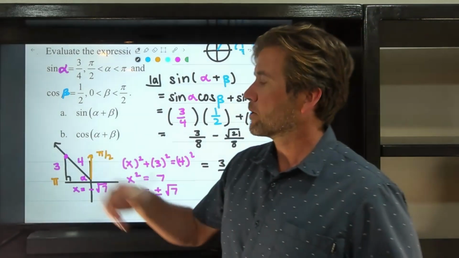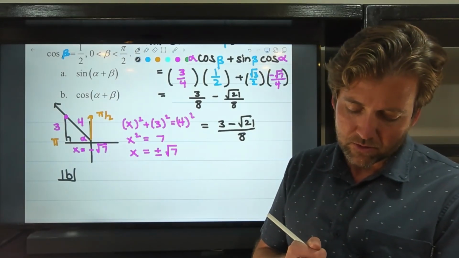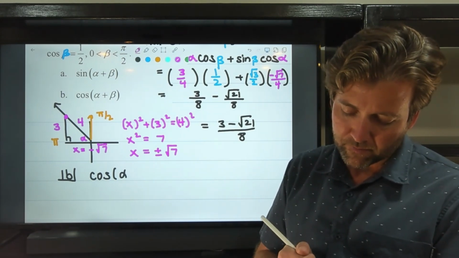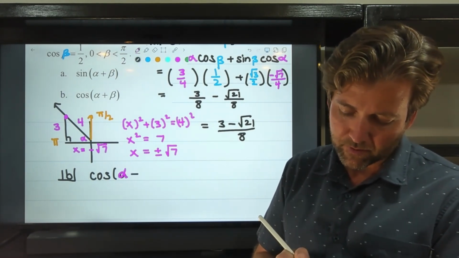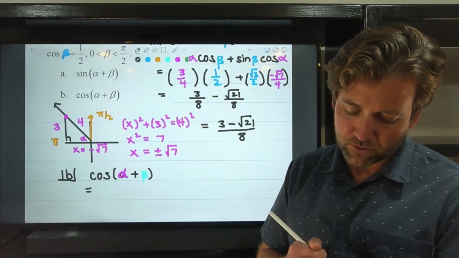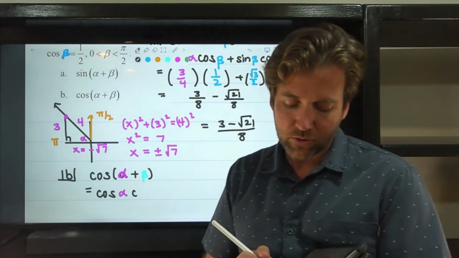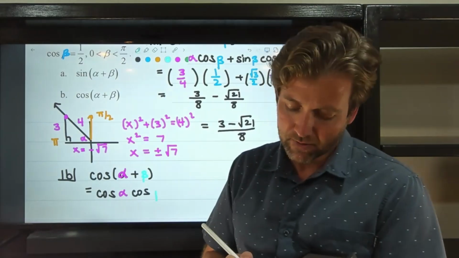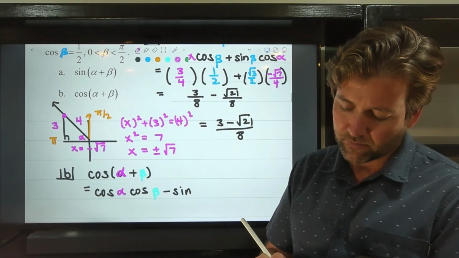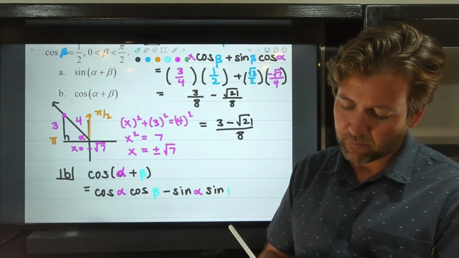All right, now let's do part B. So the cosine of alpha plus beta. We have to know that this is equivalent to the cosine of alpha times the cosine of beta minus sine of alpha times sine of beta.